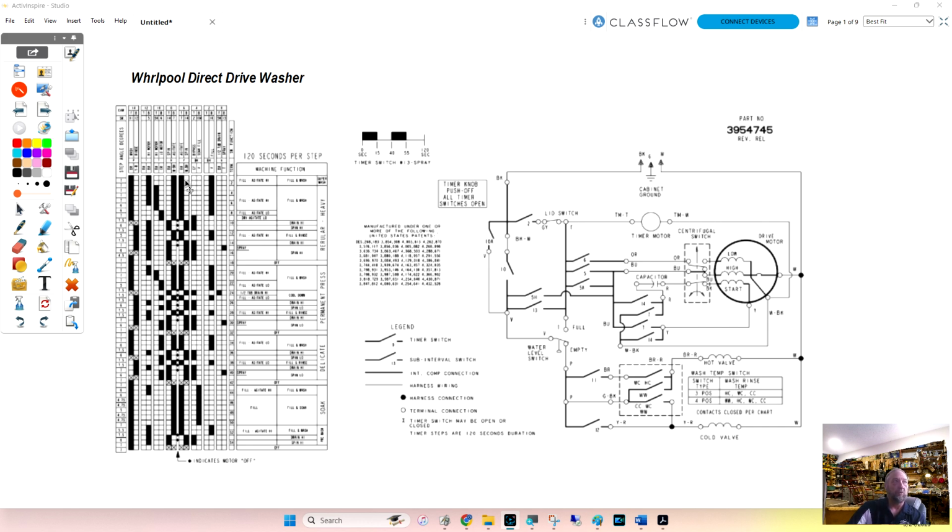But I want to get also into the timer sequence chart. Even though a lot of machines now are electronic, the computer board still functions like a timer. It still has a cycle, and it's just an electronic timer. So let's go through this diagram, break down different parts, and if you have any questions, don't hesitate to ask.